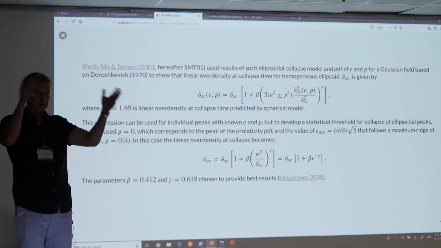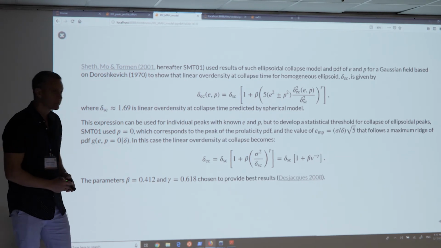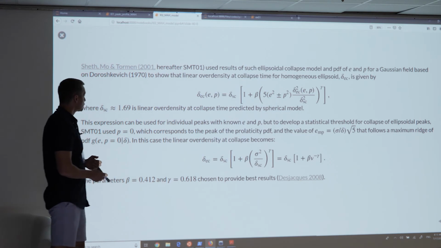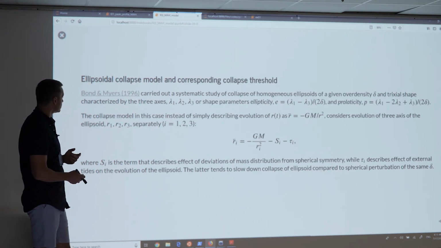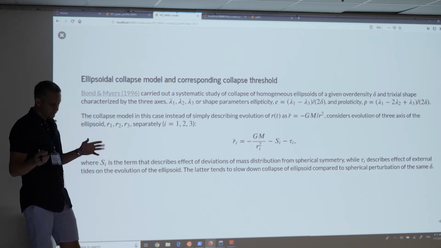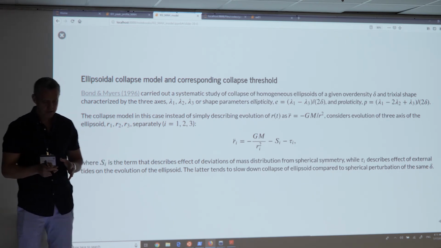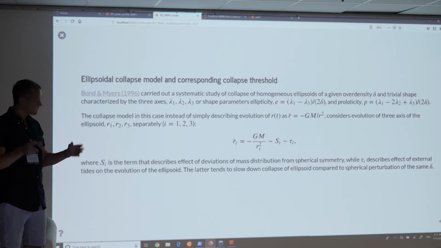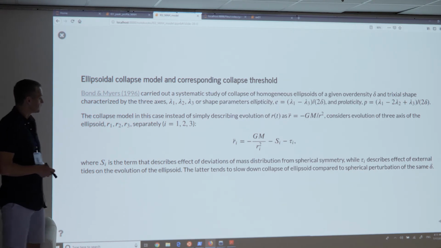So instead of considering collapse of a sphere, we consider collapse of a homogeneous ellipsoid. It's a problem that many people have worked on, but one of the definitive studies was Bond and Myers in '96, which did the numerical calculations for collapse of ellipsoids of different shapes, but homogeneous density inside.